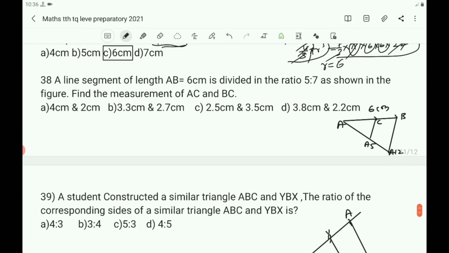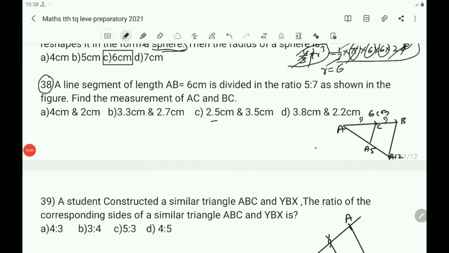Next you take question number 38. A line segment of length AB equals 6 cm is divided in the ratio 5:7 as shown in the figure. Find the measure of AC and BC. Here AB of length 6 cm is divided in the ratio 5:7.